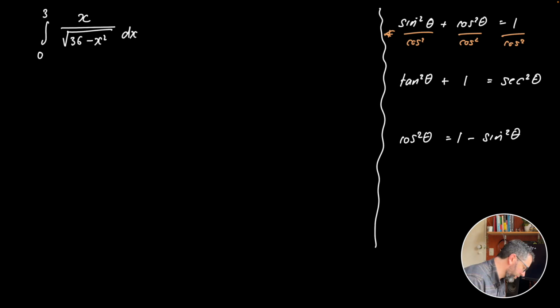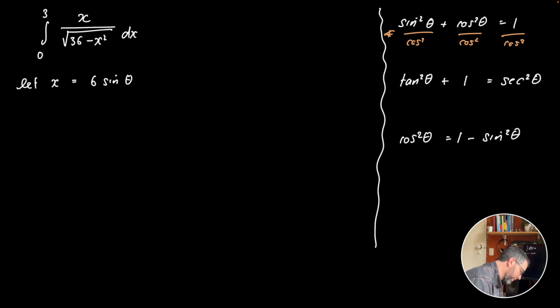So what I'm going to do is try and make my x squared look like this sine squared theta term. The only other difference is there's a 36 along for the ride, so I'm going to have to put a number in front of my sine theta as well to make sure it all matches. So to do this with a trig substitution, I'd say let x equal 6 sine theta.